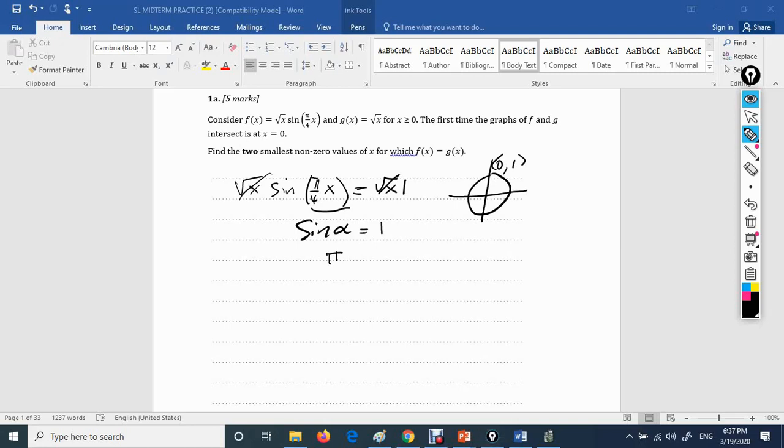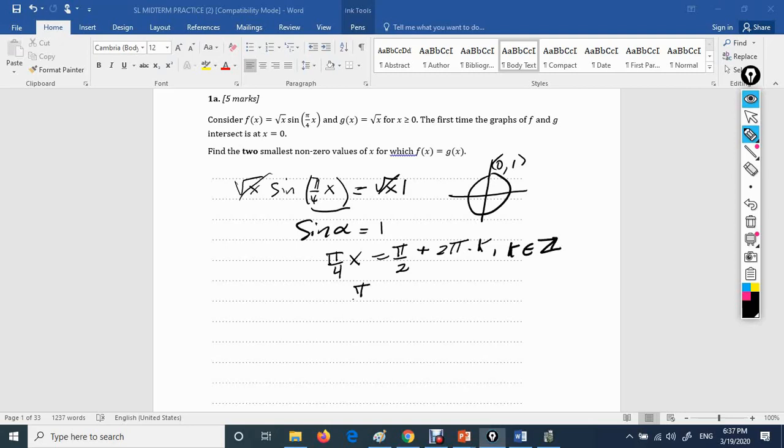So pi fourths x needs to equal pi halves, plus 2 pi k. Remember, this is normally times k, with k being an integer. So let's start with k equals 0. That would be our first solution. So where does this equal pi halves?